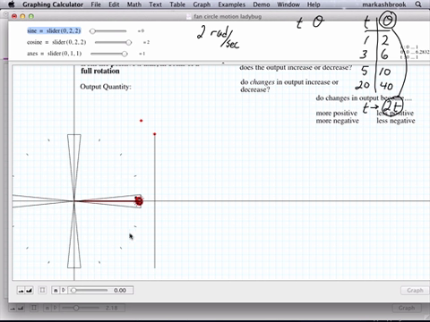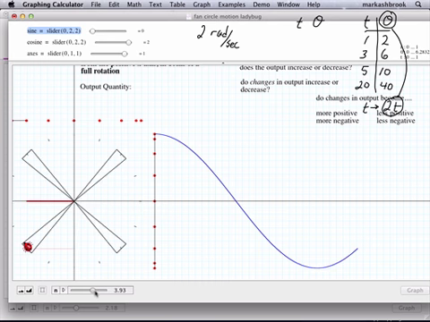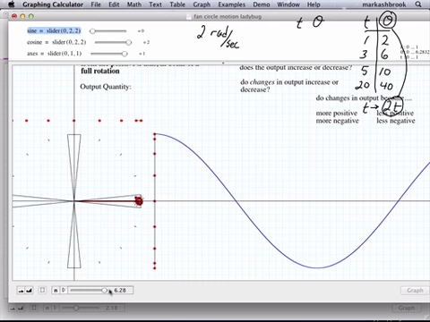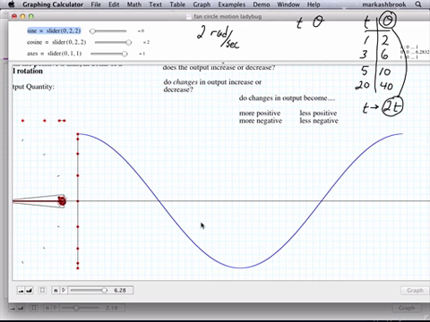The horizontal distance starts at 1 and goes down to 0, then to -1, back to 0, and back to 1. So that's what I'm graphing here. This is a graph of cosine. Let's call that F.